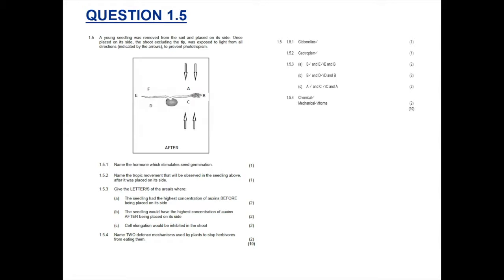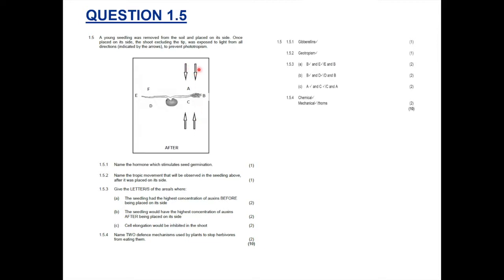Question 1.5. I like this question a lot. It tricked many kids in Gauteng. 1.5. A young seedling was removed from the soil and placed on its side. Once placed on its side, the shoot, excluding the tip, was exposed to light from all directions, indicated by the arrows.